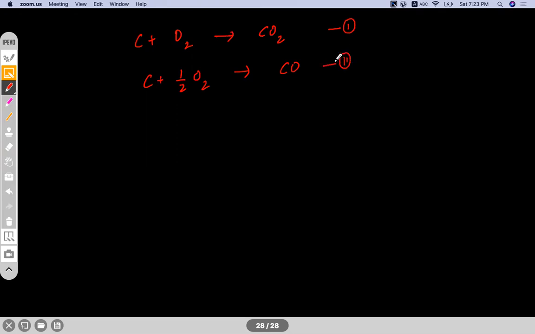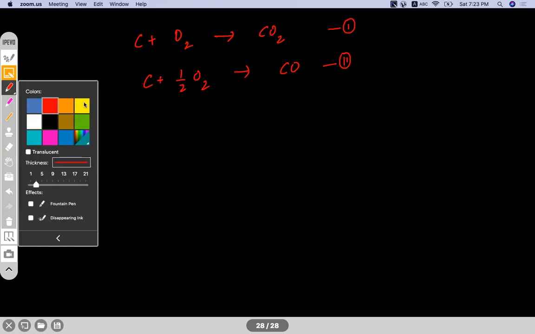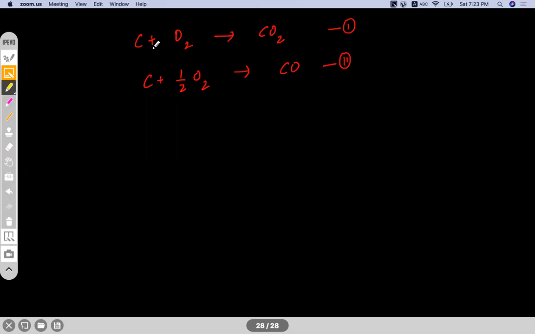Correct? Now if you look at this reaction, we have carbon solid, O2 gas, CO2 gas. CO is also a gas, carbon is solid.